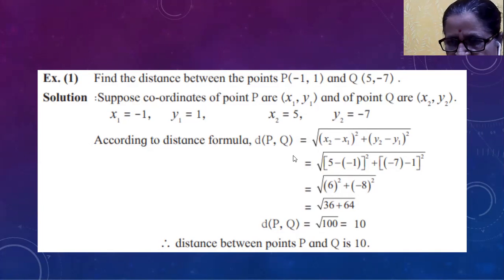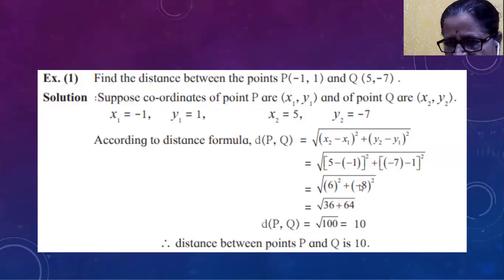According to the distance formula, distance PQ is equal to the square root of (x2 minus x1) bracket square plus (y2 minus y1) bracket square. We are putting in the values: x2 is 5 minus x1 which is -1, bracket square, and then y2 is -7 minus y1 which is 1, bracket square.